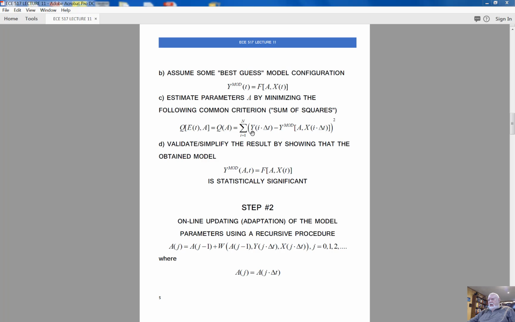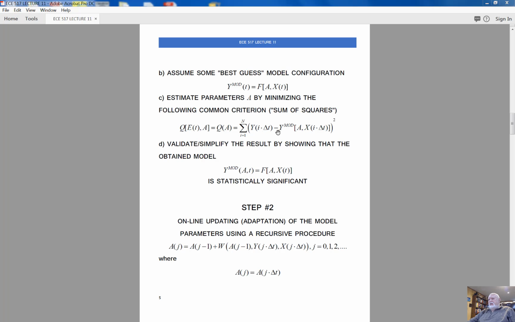First of all, you see the discretized value of the output of the real process. It's right here. Then you can see the calculated output of the model, and it is calculated for parameter values equal to A and for the input vector x, and this x is synchronized with the output y.